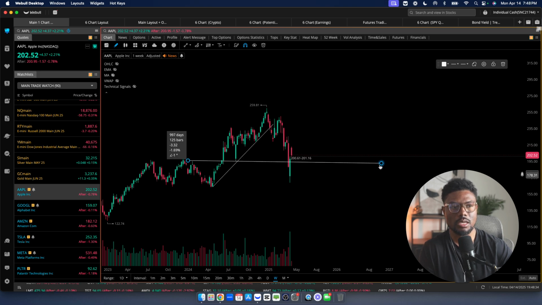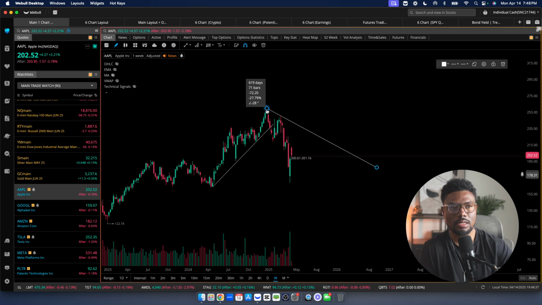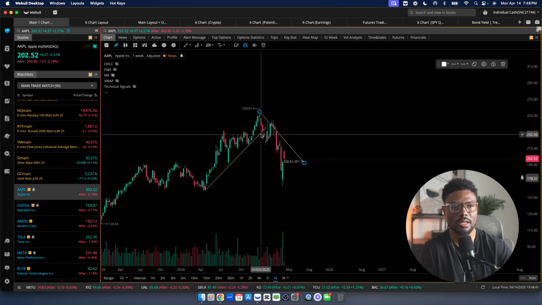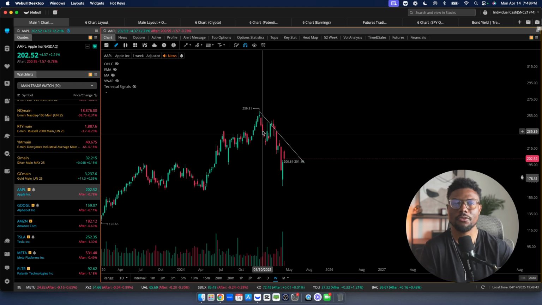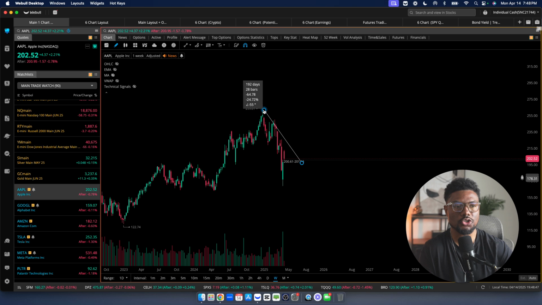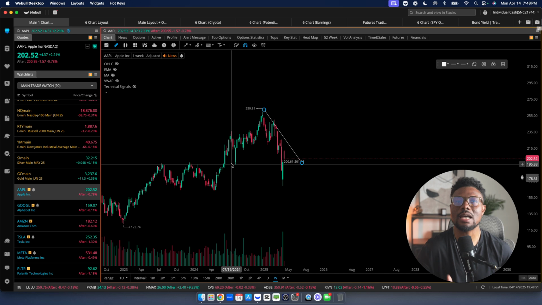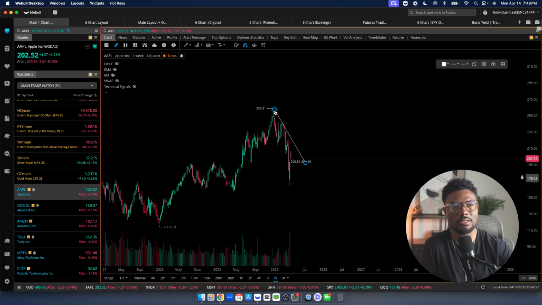But if you see here, this is a little bit different story. We're starting to change trend on a bigger time frame, a monthly or a weekly. So when you're changing trend on a bigger time frame, you cannot time the bottom. You can't just say, oh, this is the bottom, we're not going any lower, it can't go any lower, because the entirety of the trend has changed.